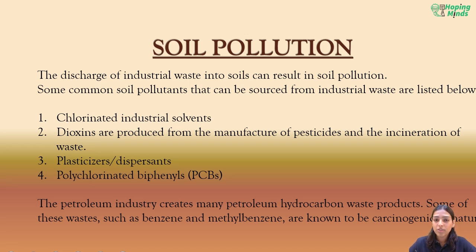The discharge of industrial waste into the soil results in soil pollution. Some common soil pollutants that can be sourced from industrial waste are listed below. As you can see, chlorinated industries. The industries, especially the heavy metal industries, throw their waste products in very inefficient waste management ways, which tend to pollute soil, dumping grounds with chlorinated industrial solvents, with dioxins which are produced from the manufacturing of pesticides.